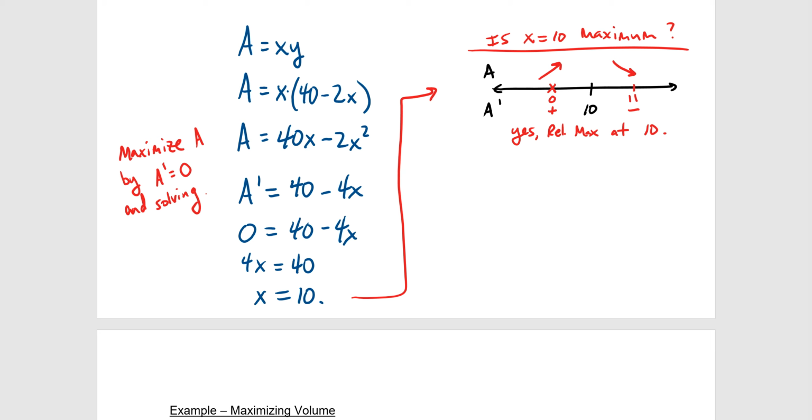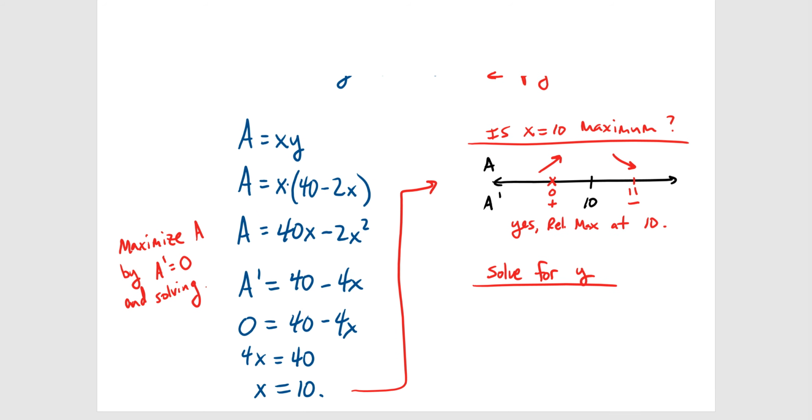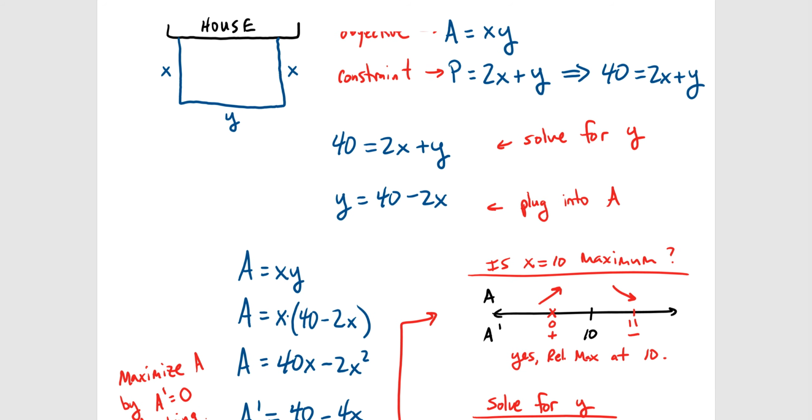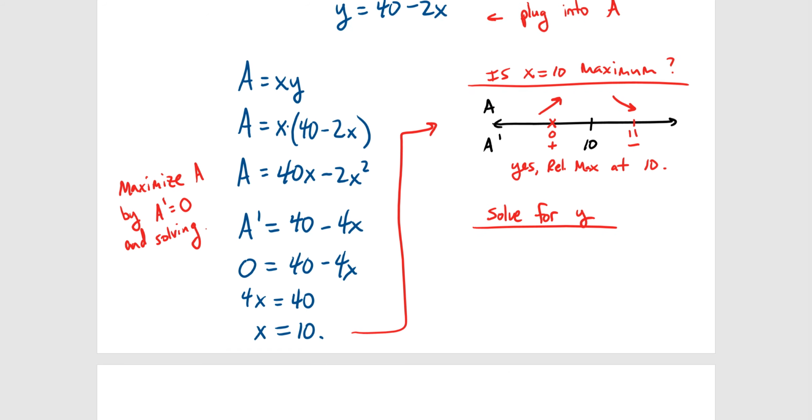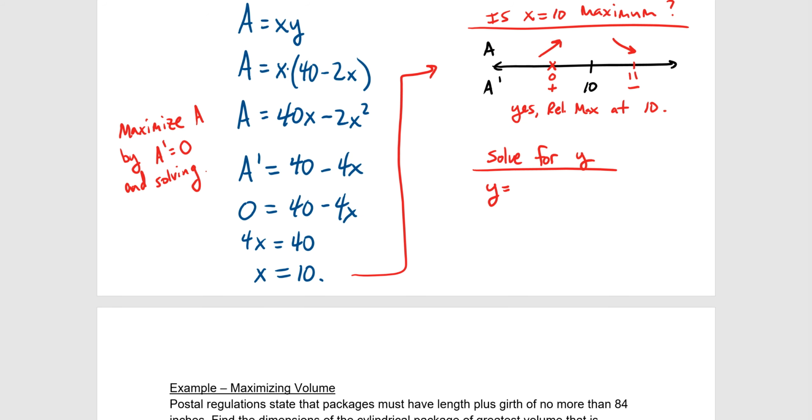So the last thing we have to do is solve for the other variable, solve for y. And we do this using the constraint equation, because the constraint equation already has y solved for. So it's going to be y equals 40 minus 2x. We go ahead and plug in our x value.